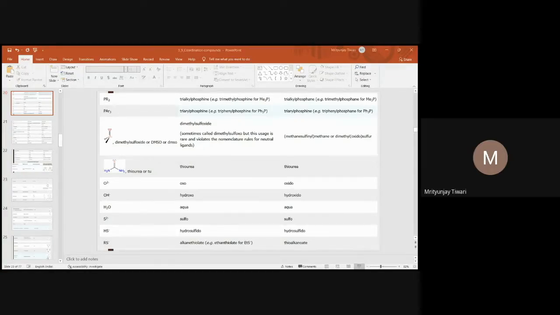Now let us look into the nomenclature of coordination compounds. We have seen the nomenclature of organic compounds in organic chemistry, and whatever rules we studied there are recommended by IUPAC. Here also, in naming coordination compounds, we follow the rules recommended by IUPAC, the International Union of Pure and Applied Chemistry.